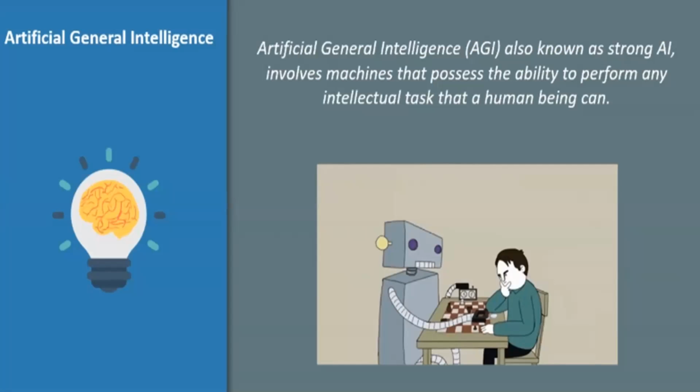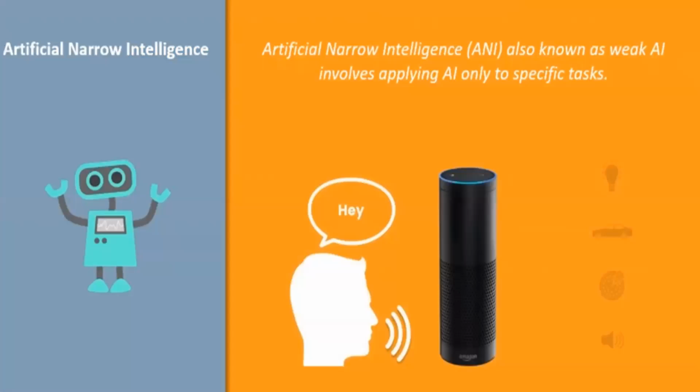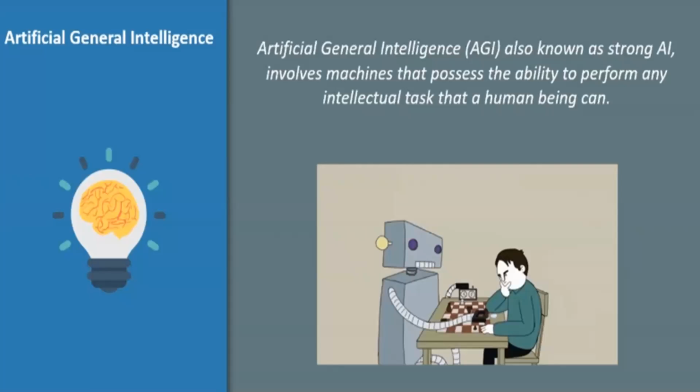So normally robots come under general intelligence. Software like Google Maps, whatever we are using, comes under narrow intelligence. General intelligence is mostly robot based, playing games with human beings and related products.